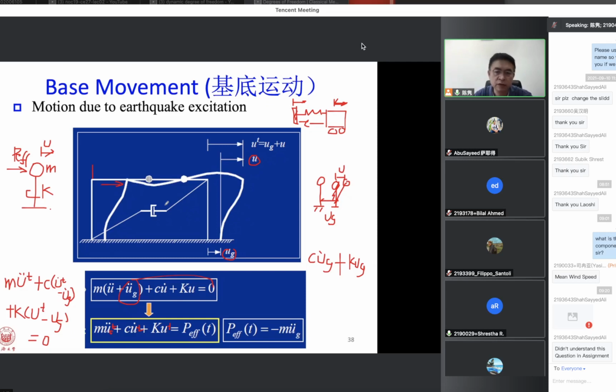Must the P effective be in the left direction, Professor? In the SDOF system you have drawn, the P effective is in the right direction. I'm sorry, I didn't hear you clearly. Can you repeat your question?